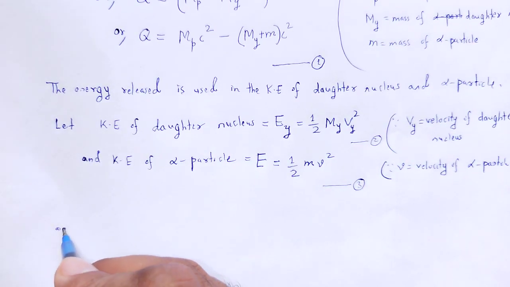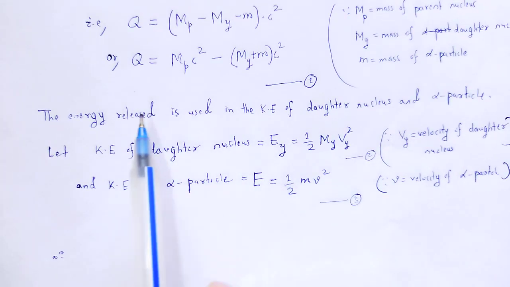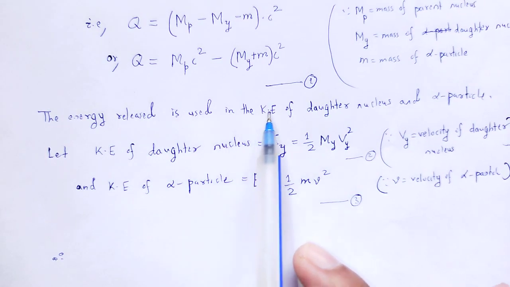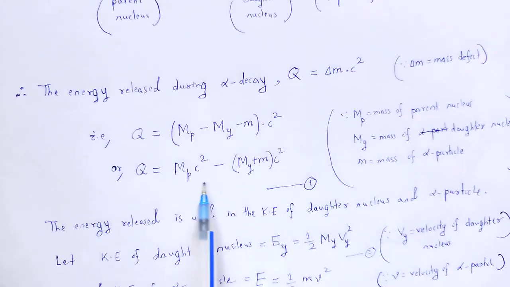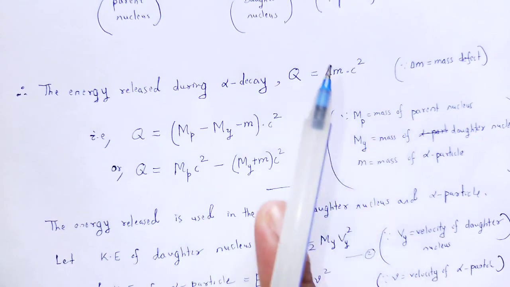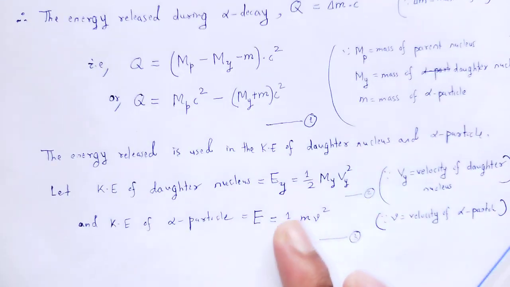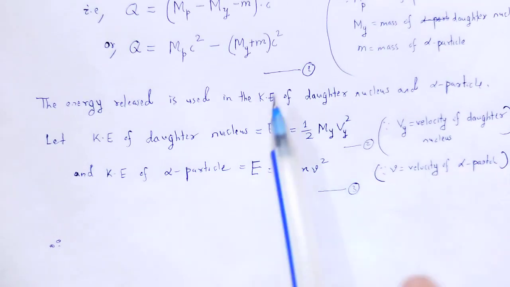Therefore, as we write, the energy released is used in the kinetic energy of the daughter nucleus and alpha particle. Here the energy released is Q, and the other is the kinetic energy.